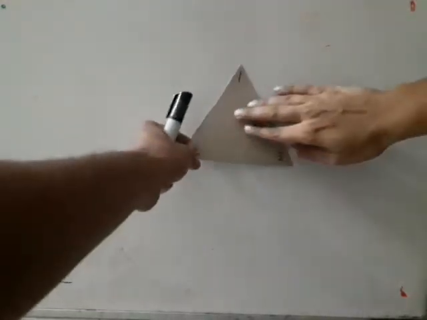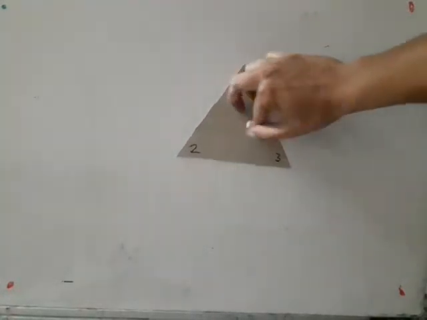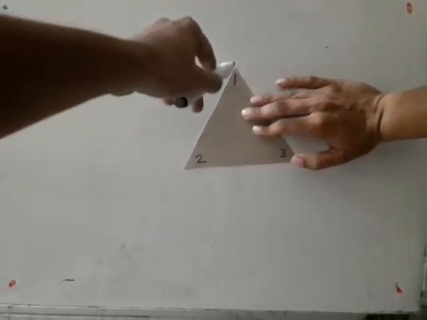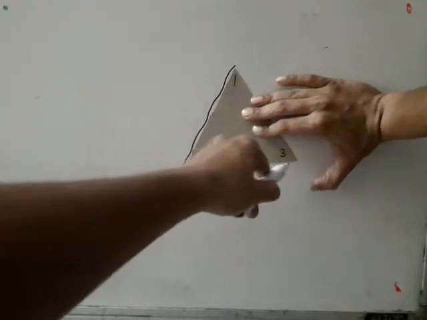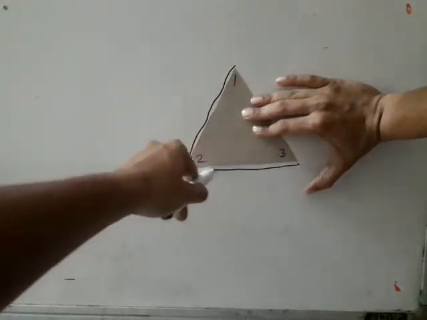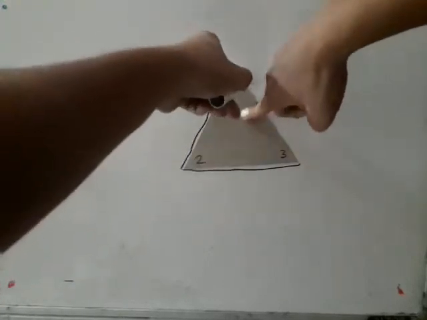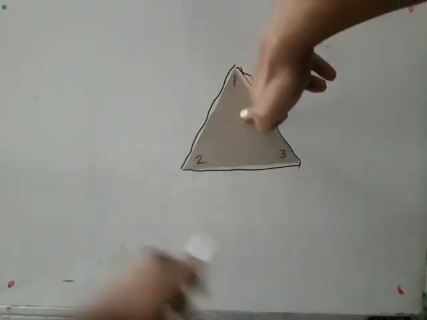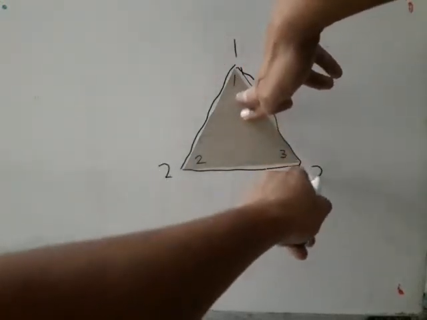So I hold it on some flat surface, so 1, 2, 3. Now I will make the outline of this on the board, and I will label the vertices of the outline with the same numbers 1, 2, and 3.